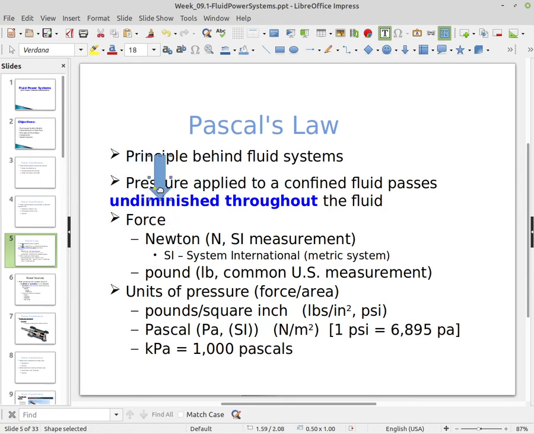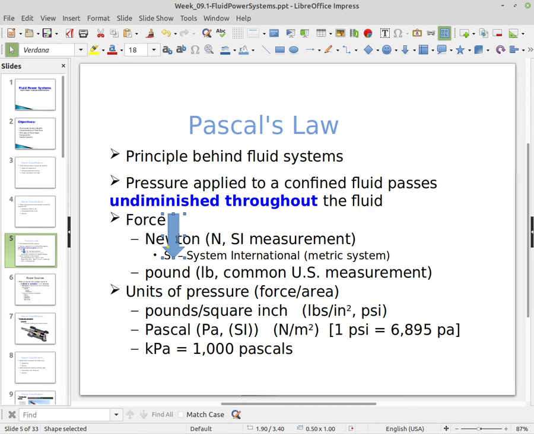Force is measured in the SI units, which is basically the world units of System International, is what SI stands for, and the force is given as Newton. In the US, we commonly use the old British imperial form of pound to measure force.